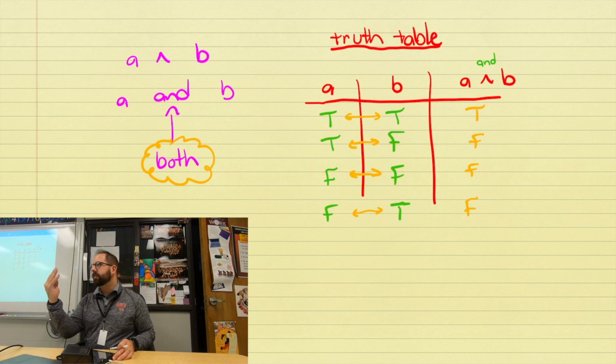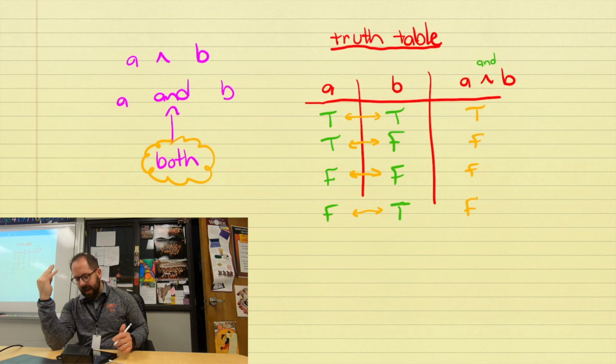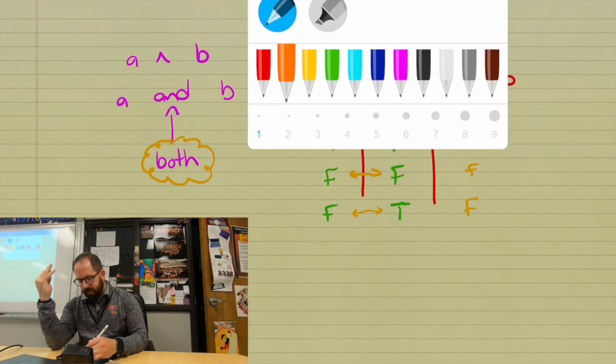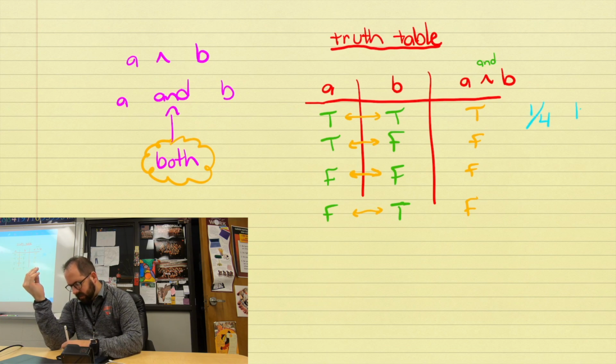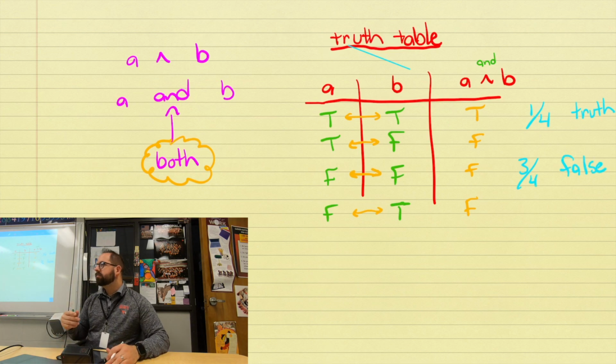We had 4 possible combinations that could happen. The likelihood of it being true was 1 out of 4. 3 out of 4 that this was going to be a false statement. So if you're a betting person, is this probably going to be a true or false sentence?